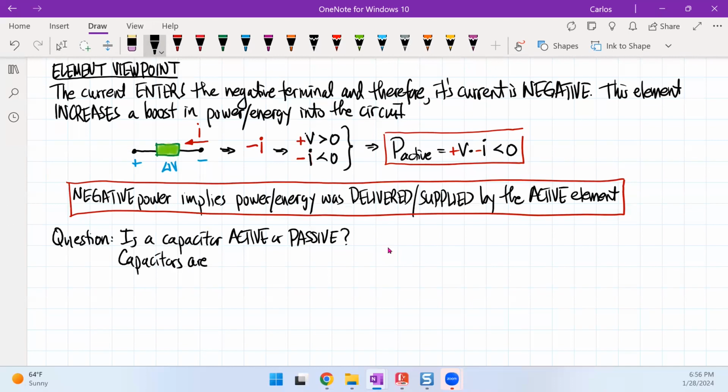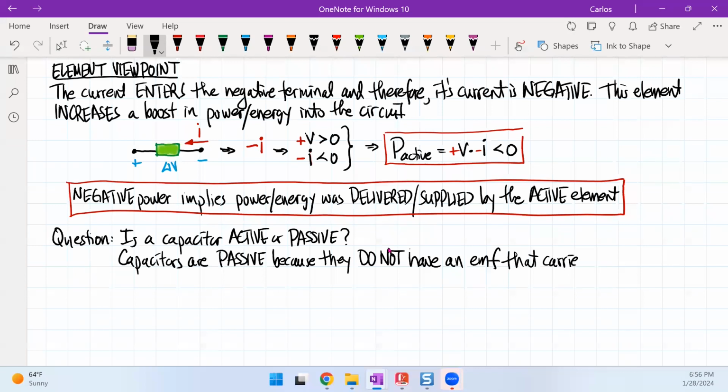Capacitors are passive because they do not have an EMF that carries charge from a low to a high potential. They don't.